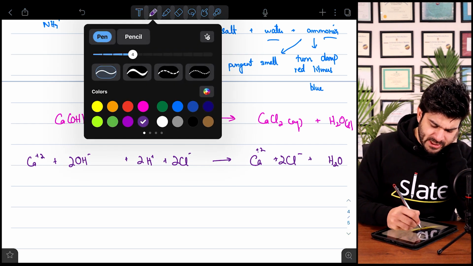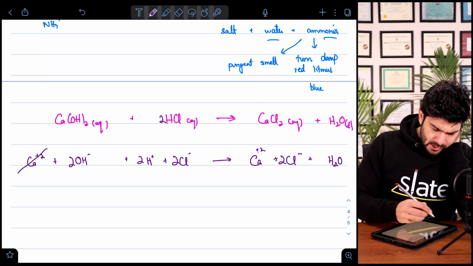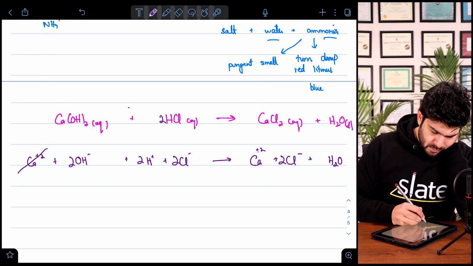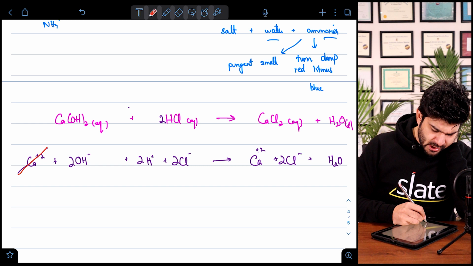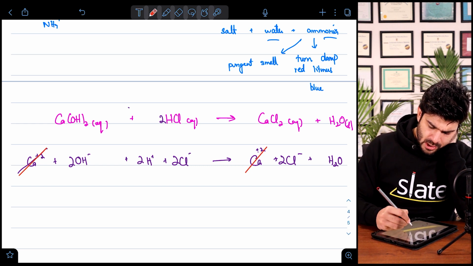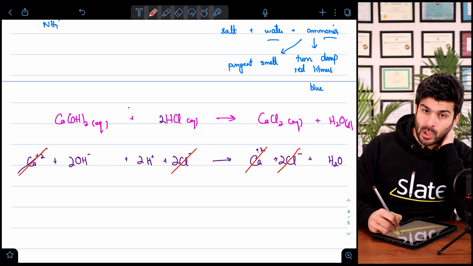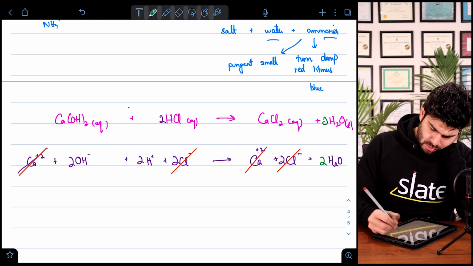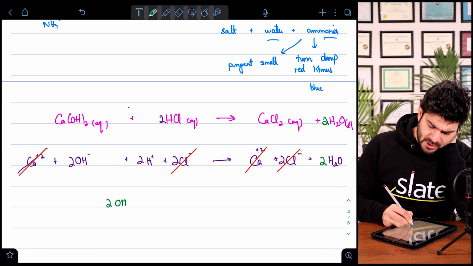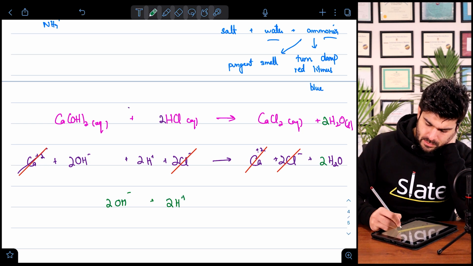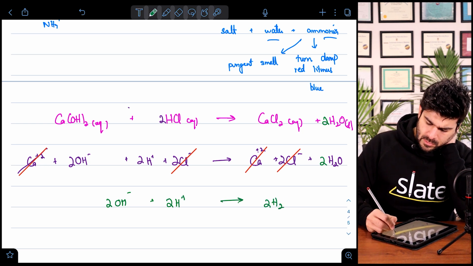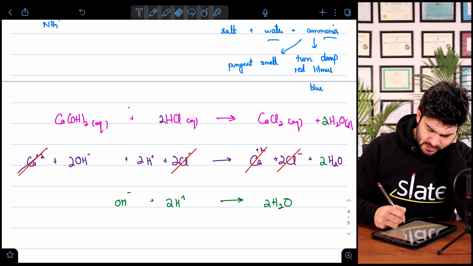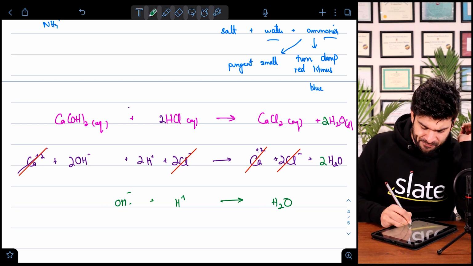So we cancel both these out, which are being repetitive. We cancel calcium with this calcium. We cancel these two chlorides with these two chlorides. What are we left with? Two OH minus plus two hydrogens will give us two waters. We cancel out the twos from all the sides, and that's the equation that we are left with.